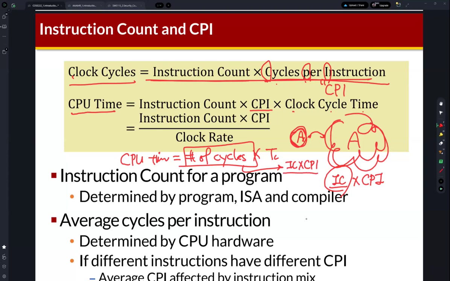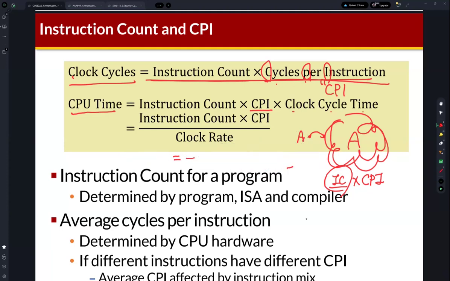So we can rewrite the CPU time equation: CPU time is equal to instruction count multiplied by CPI multiplied by TC. This is the basic equation for measuring CPU time.